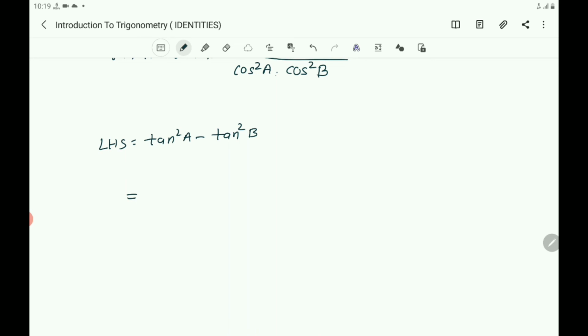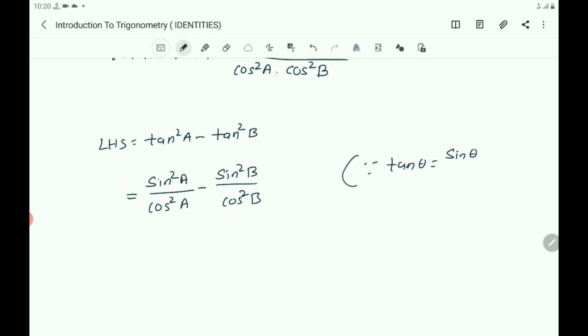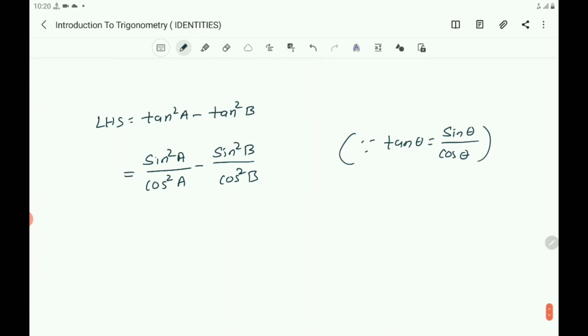So tan square A becomes sin square A by cos square A minus sin square B by cos square B. Here the reason you can give is tan theta equals sin theta by cos theta. So sin by cos is tan. So you wrote here sin square A by cos square A minus sin square B by cos square B.